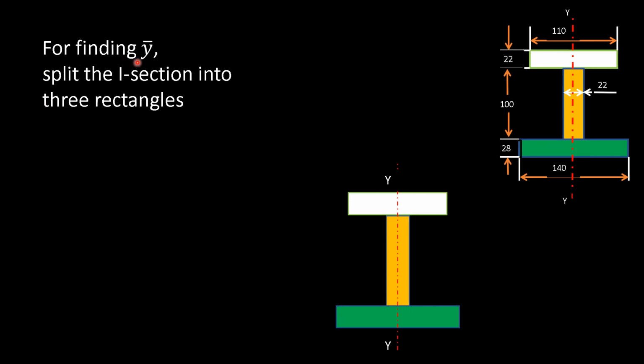For finding y bar, split the eye section into 3 rectangles: 1, 2 and 3. A1 equals 22 multiplied by 110, which is 2420 mm square.